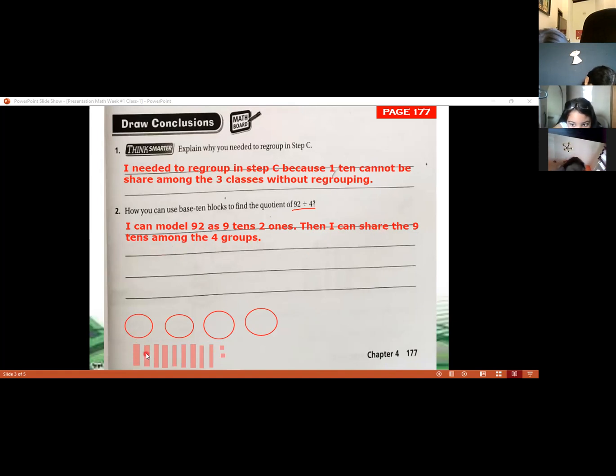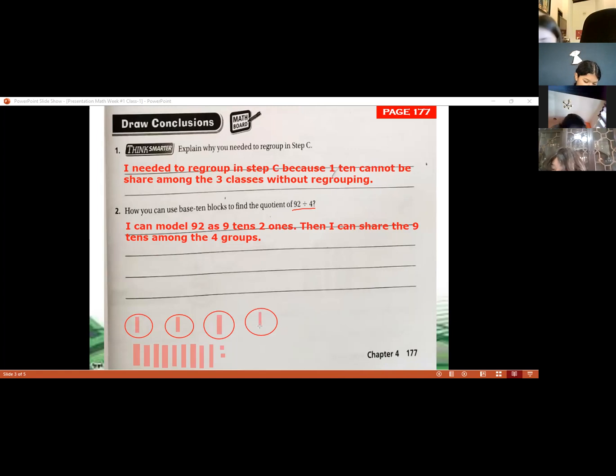So I'm going to start putting one by one, class. So I'm going to share this 10. I'm going to share 10 number 1, 10 number 2, 10 number 3, and 10 number 4. I can continue, right? Because I have 4, but here I have 9. So I can give one more to each group. I give 2, 2, 2, so now I have 8. I share 8, class. It's missing 1. So what happened with the one that is missing?